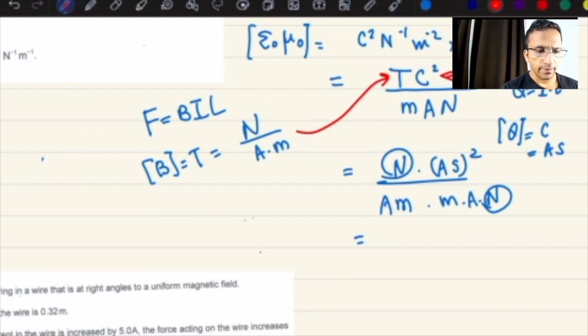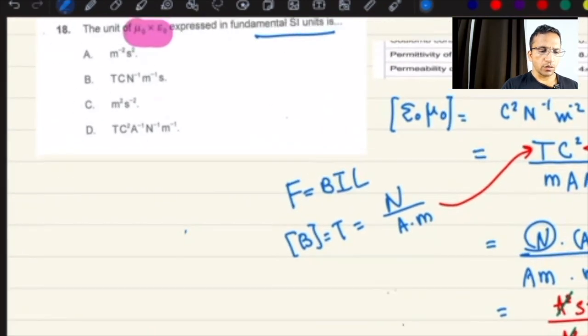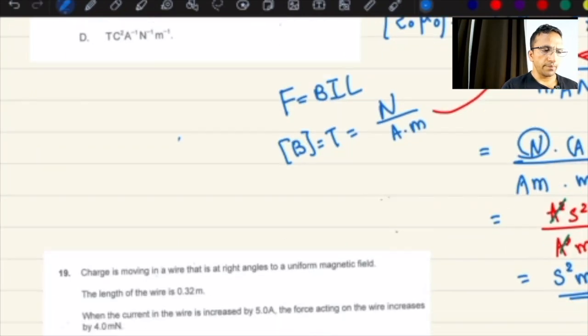And so it is ampere squared, second squared, below the line ampere squared, meter squared. Again, ampere squared gets cancelled. So the unit is s squared m negative 2. So here you have to be careful. C and D both look similar, but the correct answer should be answer A.